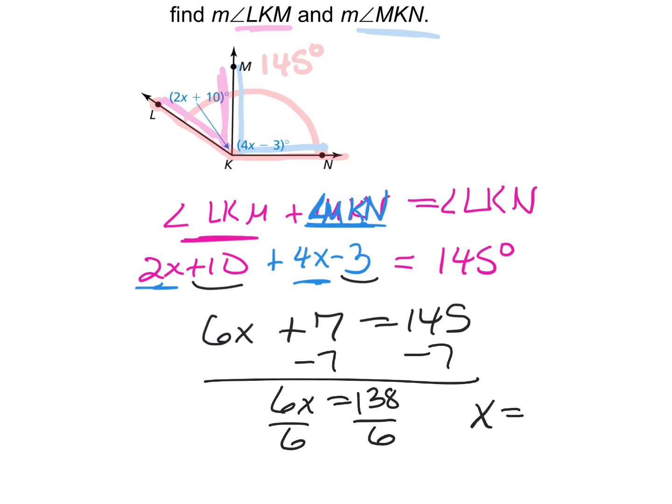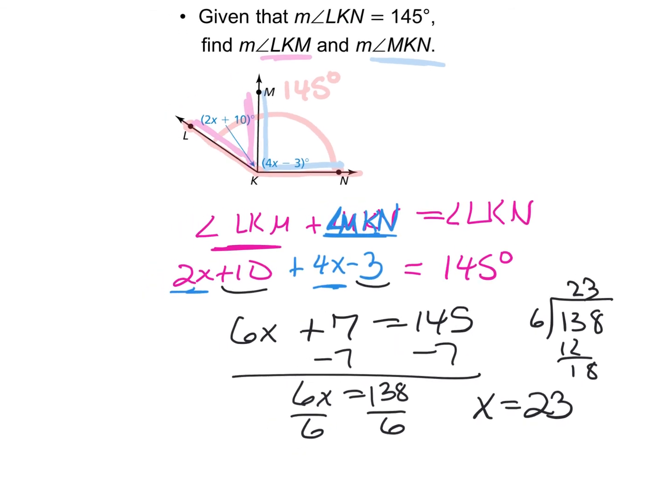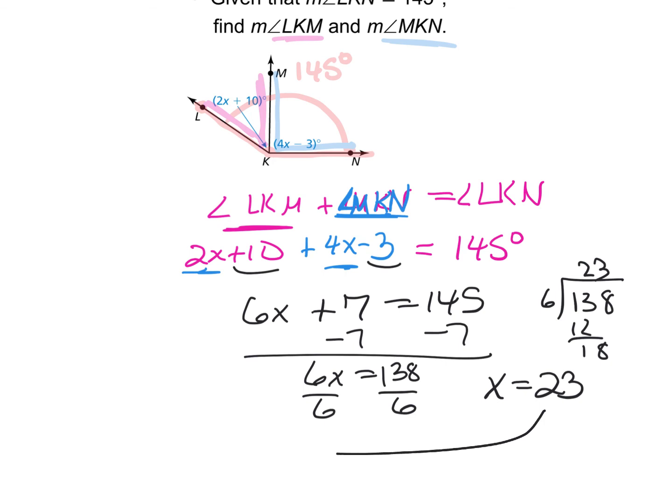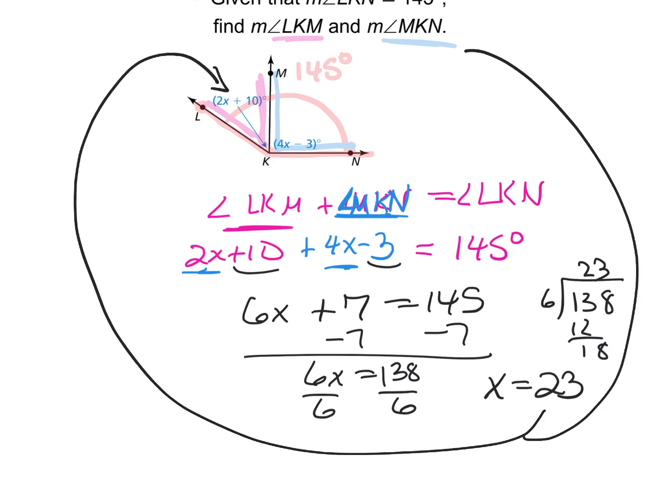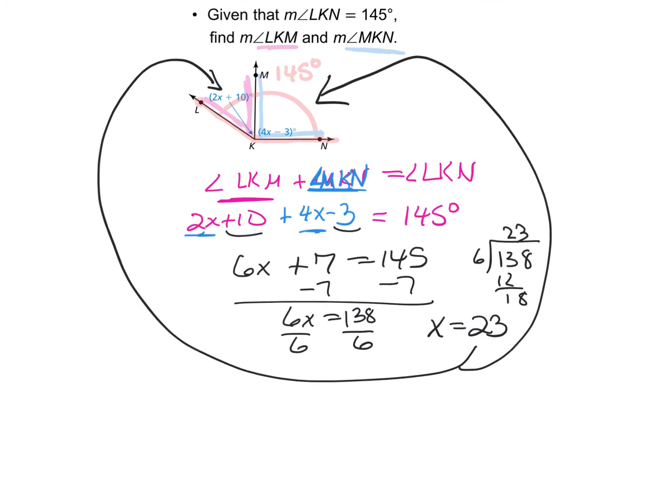And x equals 23. Now, it didn't ask me to give the value of x. It wanted me to find the measure of the two angles. So now what I need to do is take this 23, plug it into this expression, and plug it into this expression. And then that's how I'll get the measure of those two individual angles.